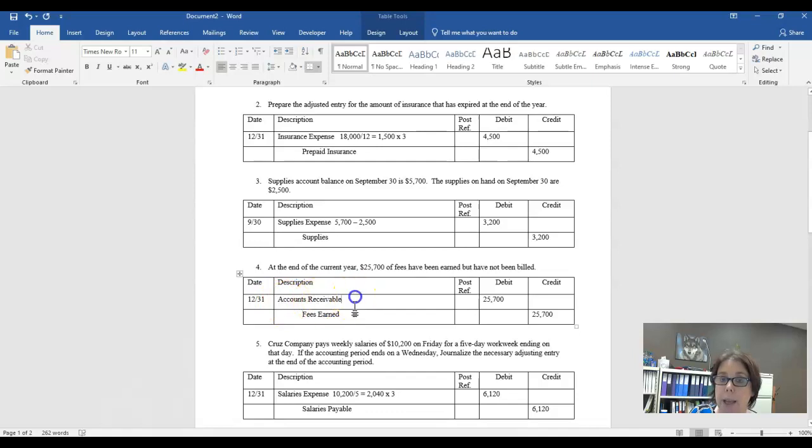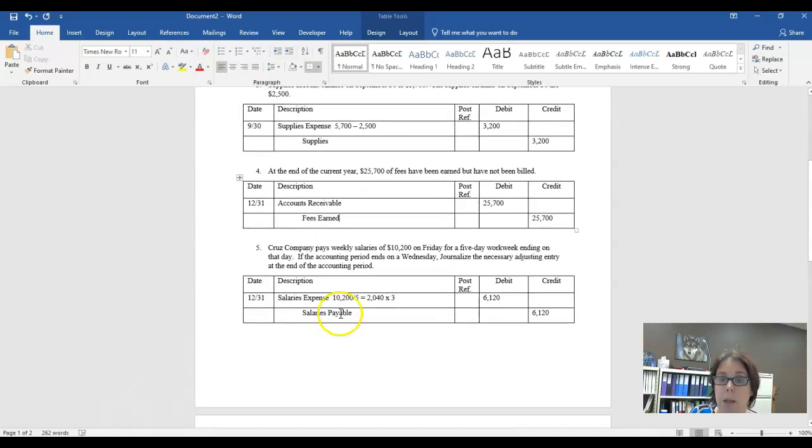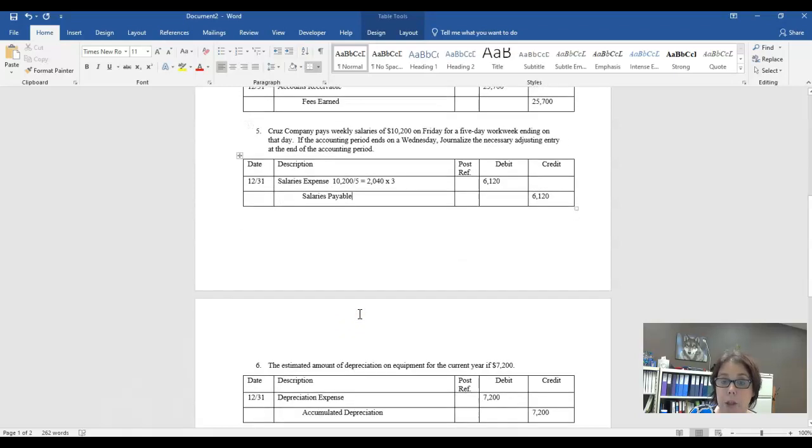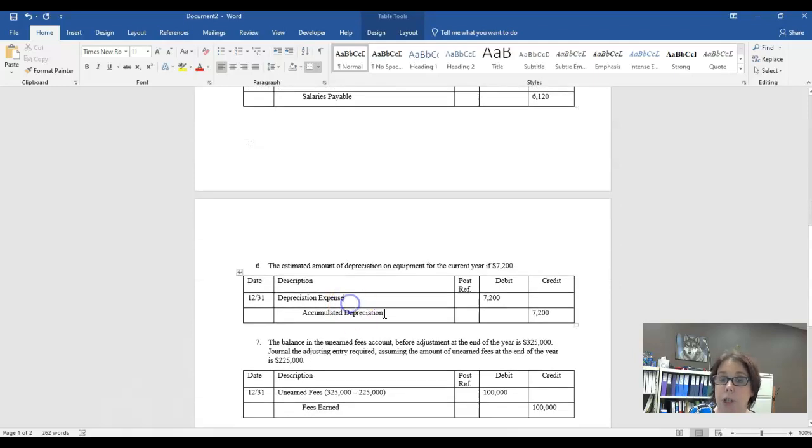Accounts receivable is an asset. Fees earned is a revenue, and that goes on your income statement. Salaries expense, income. Salaries payable, similar to accounts payable, is a liability. So we affected an income statement, we affected a balance sheet. Depreciation expense and accumulated depreciation, we affected an income statement, we affected a balance sheet. Now they talk about this in the book, accumulated depreciation.